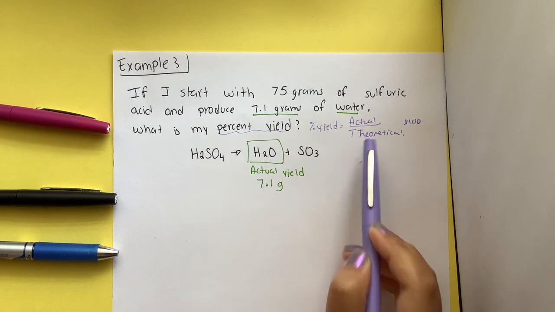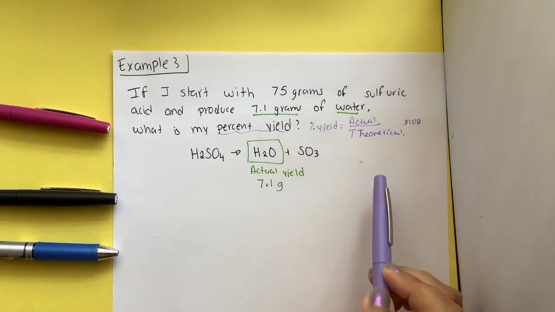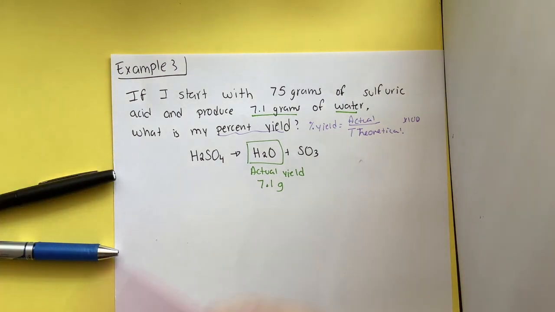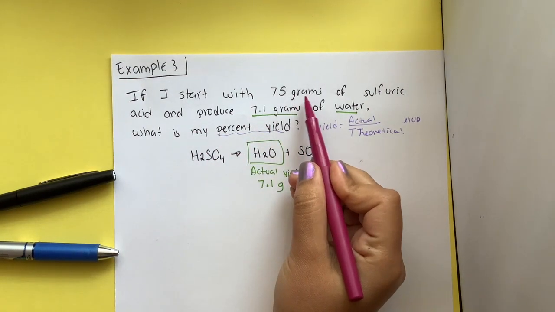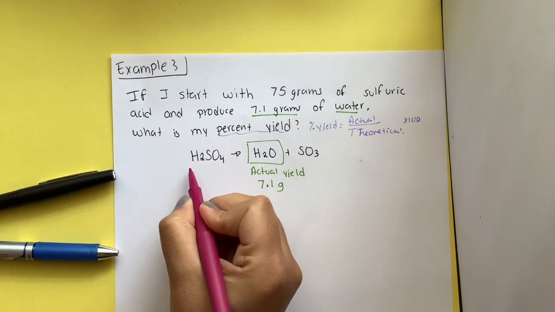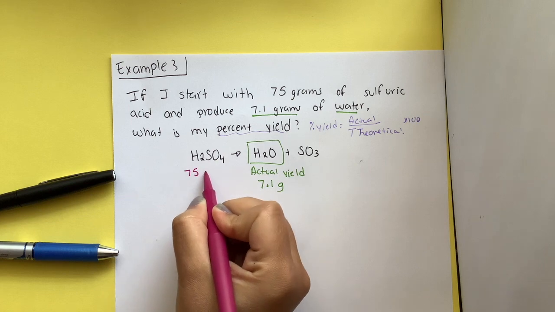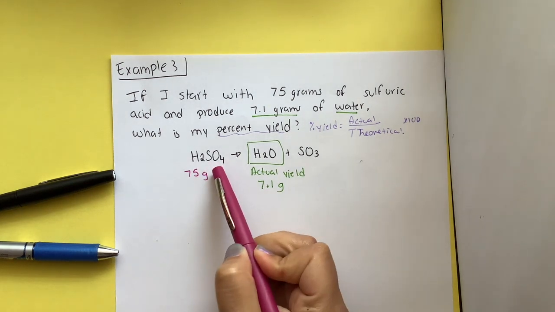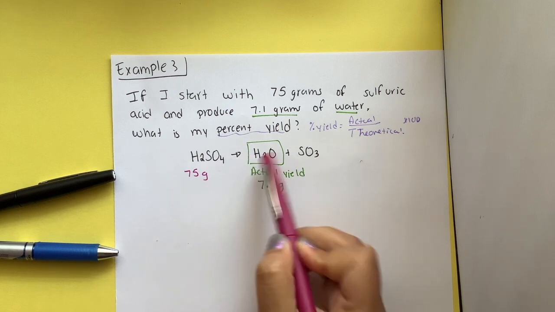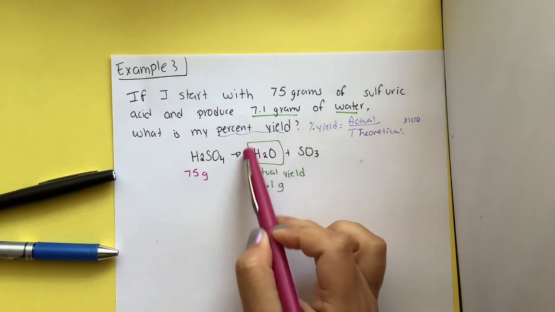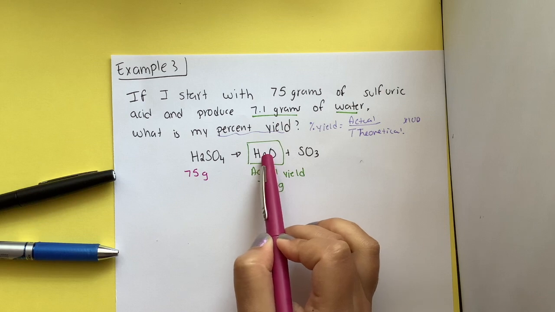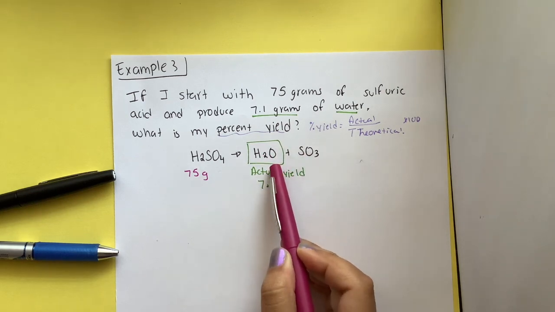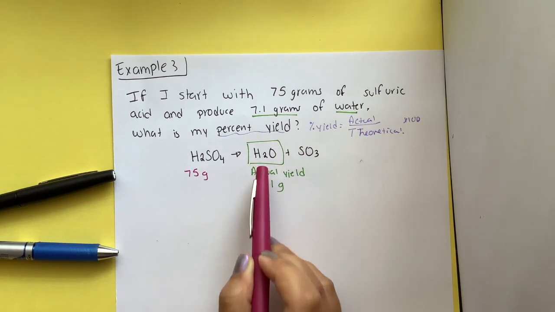The theoretical yield I find by doing stoichiometry. In this case, they're telling me that I start with 75 grams of sulfuric acid. If I start with 75 grams of sulfuric acid, and that decomposes to form water and SO3, how much water am I going to produce? Since they gave me the actual yield for water, I need to find the theoretical yield for water.